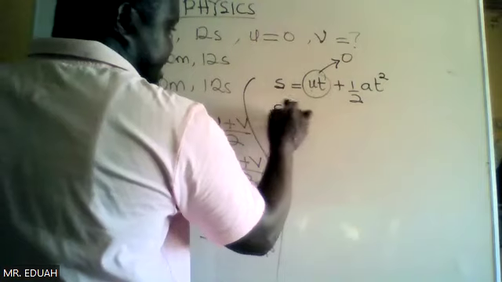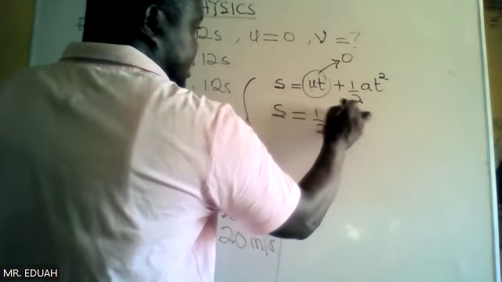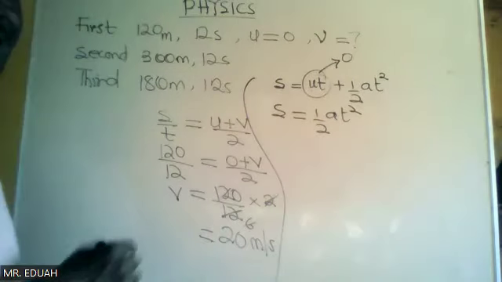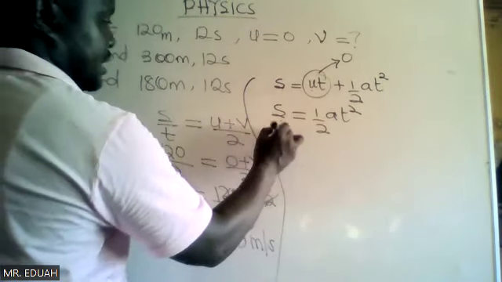So I have S is equal to half at squared. I have S. S is 120, which is equal to half times A times 12 squared.